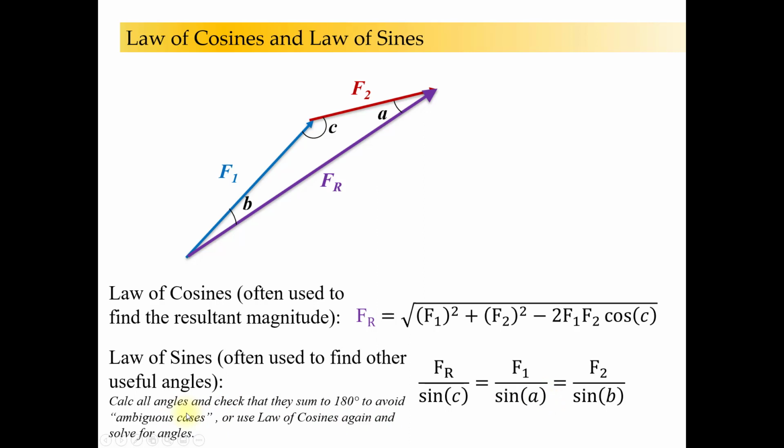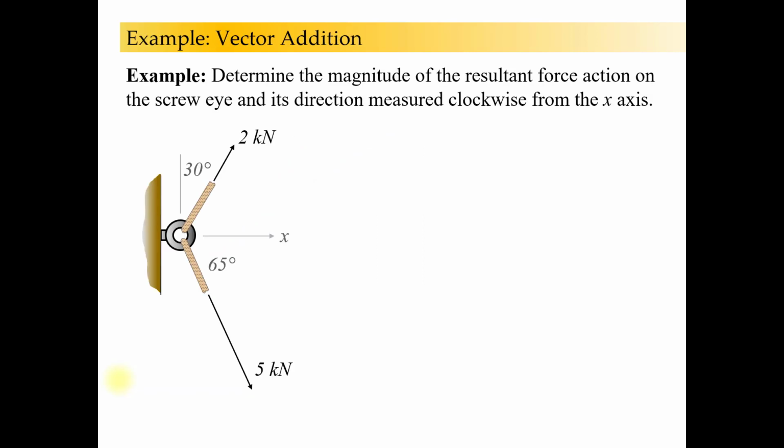So then subtract that angle value from 180, and you'll get the angle that it is, because the sine of 60, for instance, is the same as the sine of 120 degrees, right? All right, anyway, we'll see that in this example.